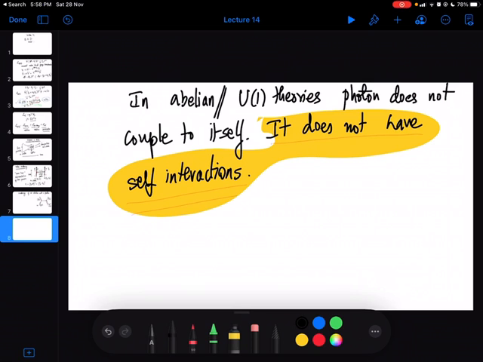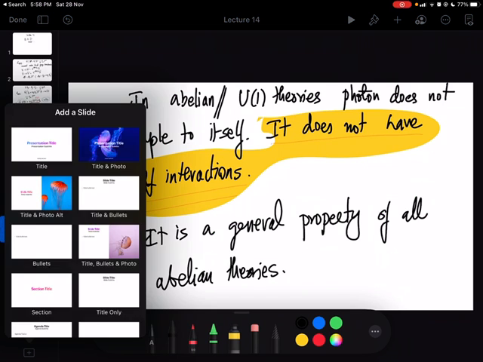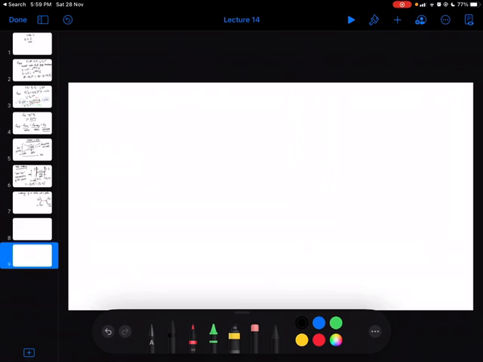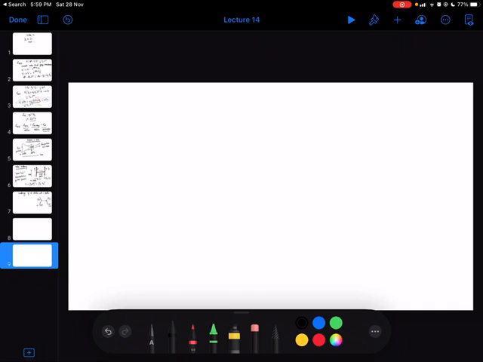Along the way, what we have seen is that in these theories the photon doesn't couple to itself, and this turns out to be a general property of all abelian theories.